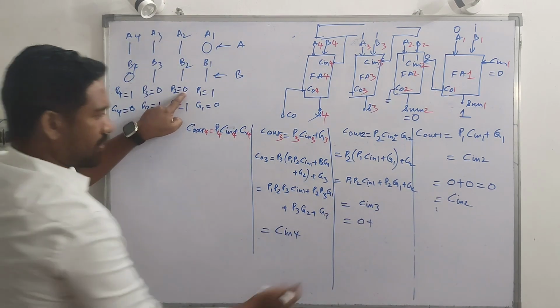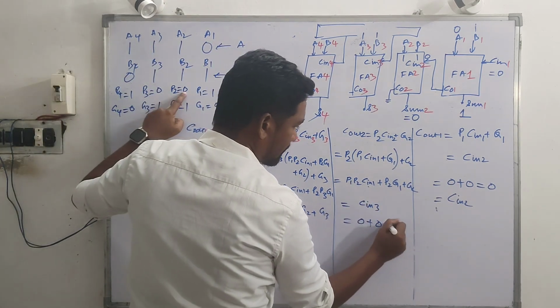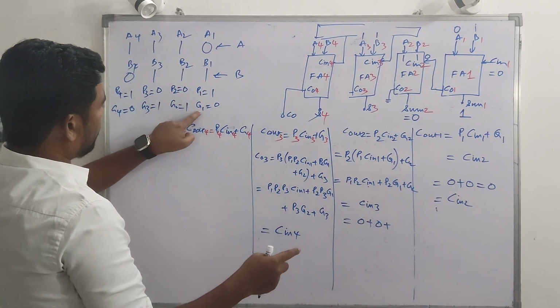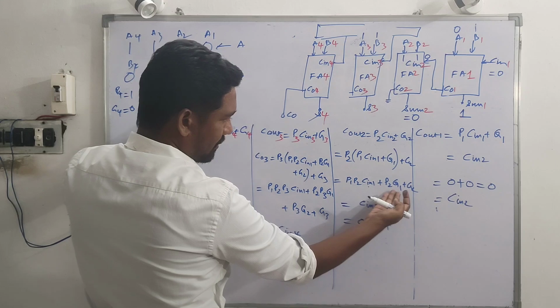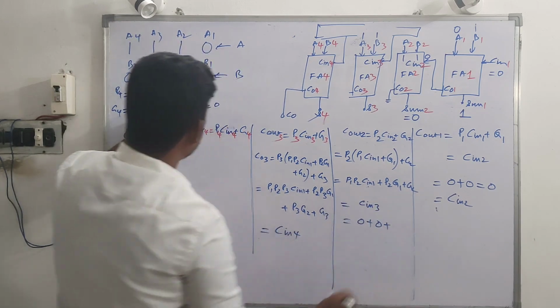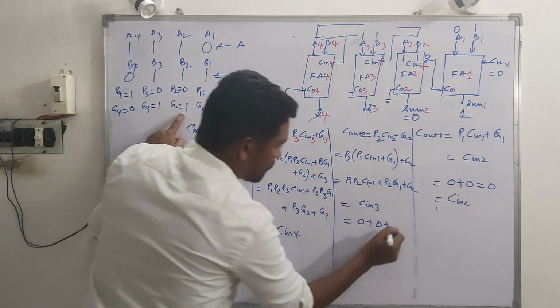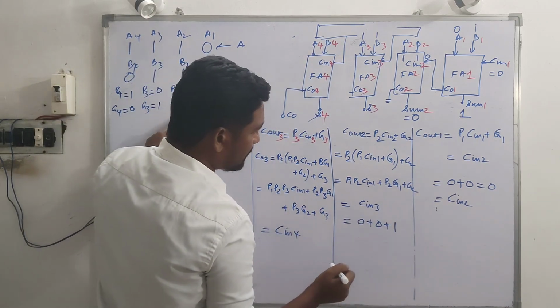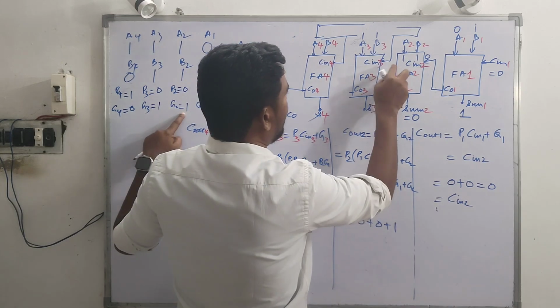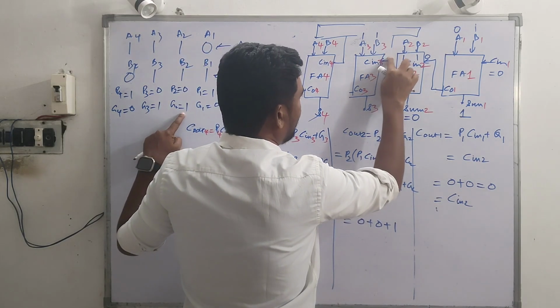P2 is 0, so this will be 0 plus G2. G2 is 1, which is for C in 3. In the sense, we're going to have a 1 here.